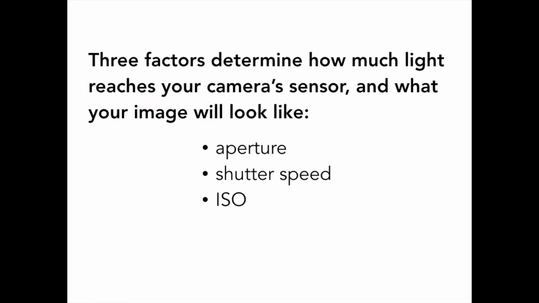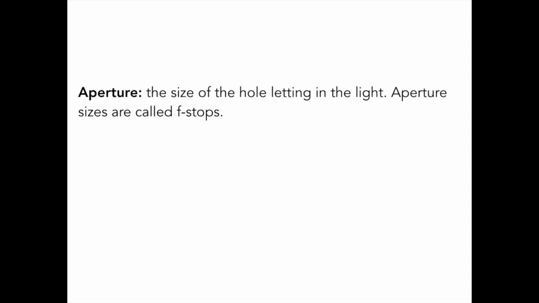There are 3 factors that determine how much light reaches your camera's sensor and what your image will look like. Those factors are aperture, shutter speed, and ISO. The aperture is the size of the hole letting in the light. Aperture sizes are called f-stops.